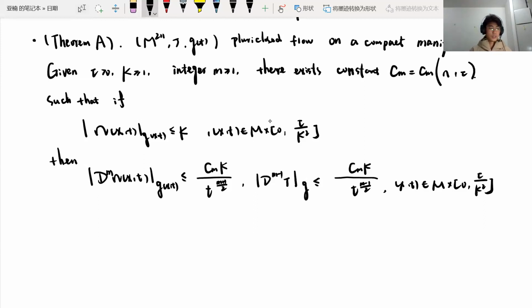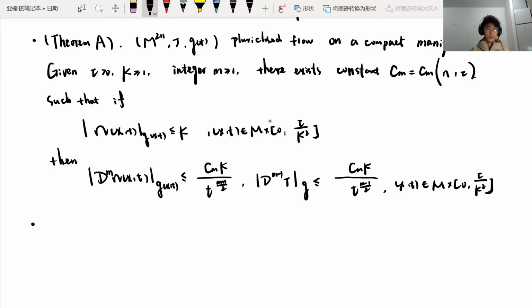So maybe we cannot get the same results as the classical case. But this form is enough to give a compactness result.